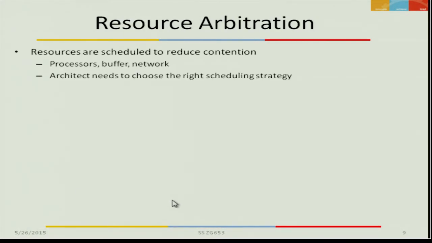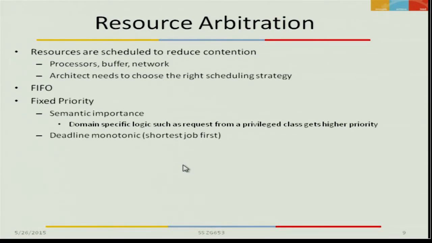Resource arbitration is about the way the resources are scheduled to reduce the contention. The resources are again processors, buffers, or network. An architect needs to choose the right scheduling strategy for a resource contention. FIFO is one of the ways, or fixed priority.